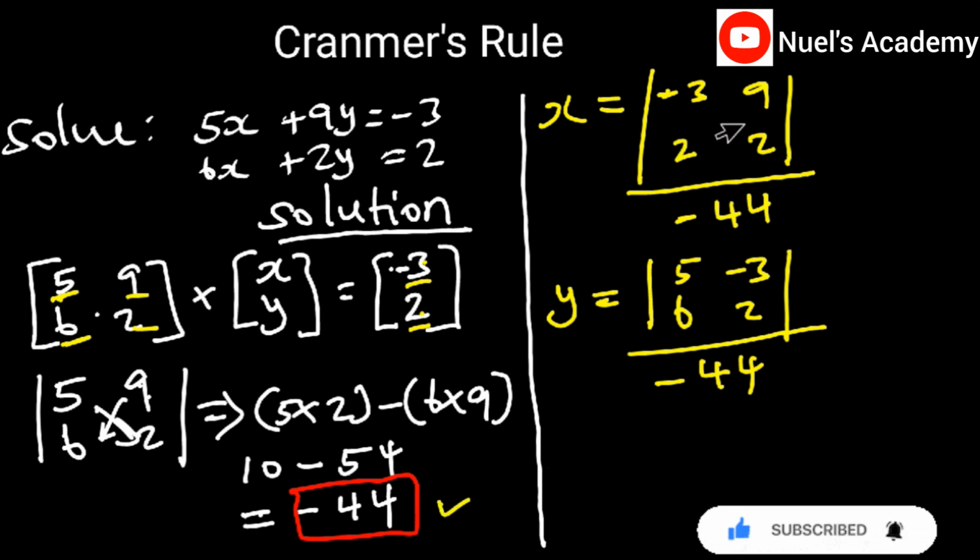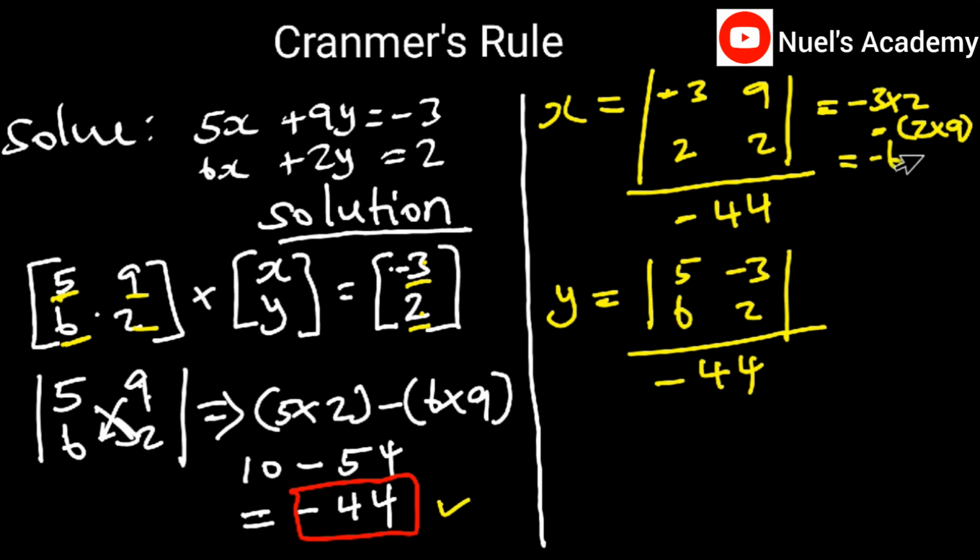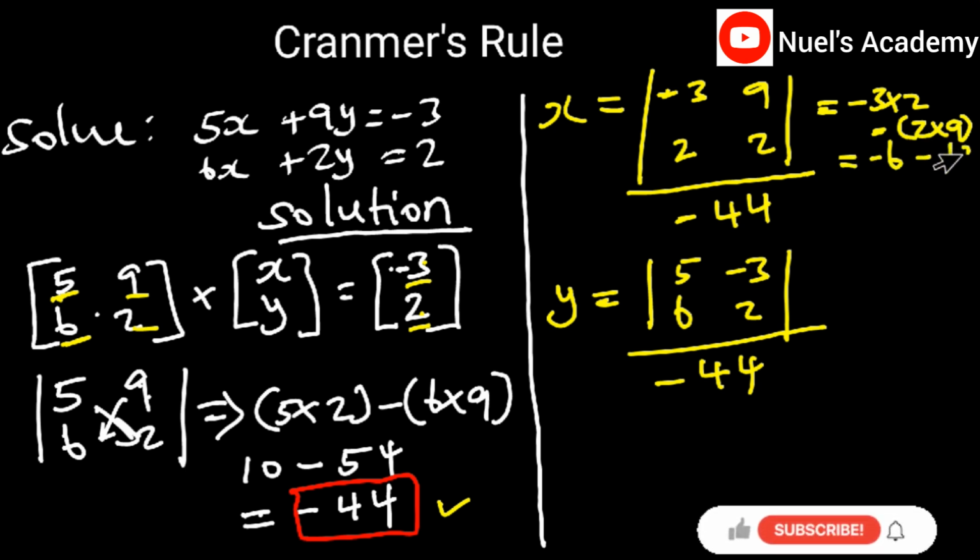So the determinant of this matrix is equal to minus 3 times 2, then minus 2 times 9. So minus 3 times 2 is minus 6, then minus 2 times 9 is minus 18.